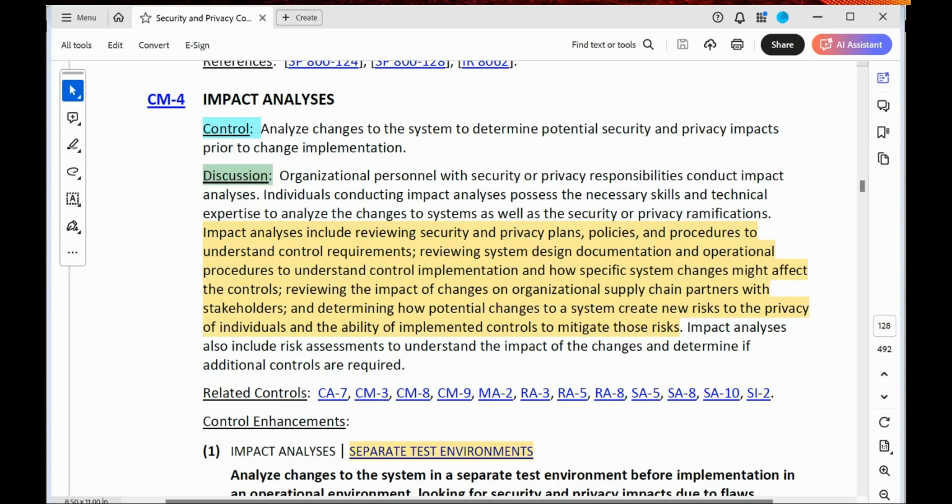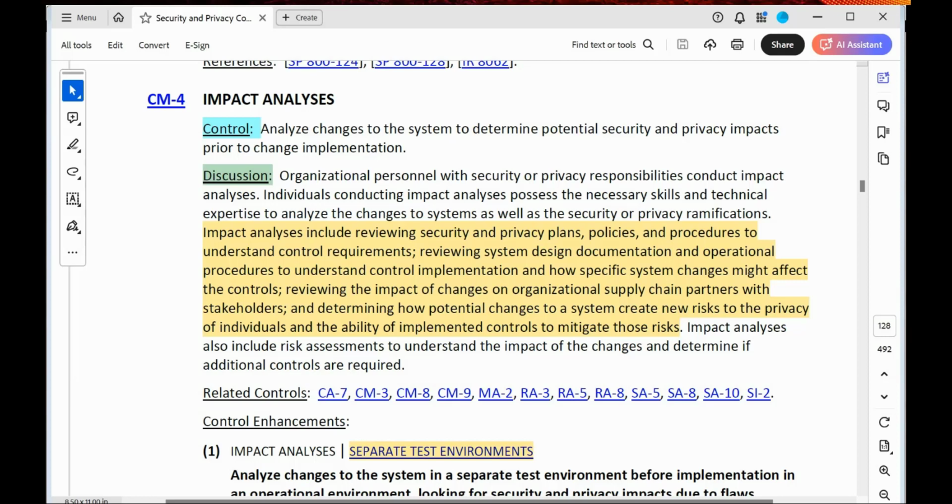Impact analysis includes reviewing security and privacy plans, policies and procedures to understand control requirements, reviewing system design documentation and operational procedures to understand control implementation and how specific system changes might affect the control, reviewing the impact of changes on organizational supply chain partners with stakeholders, and determining how potential changes to a system create new risk to the privacy of individuals and the ability of implemented controls to mitigate those risks.